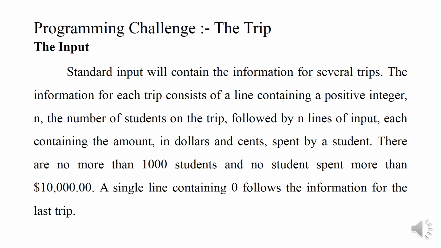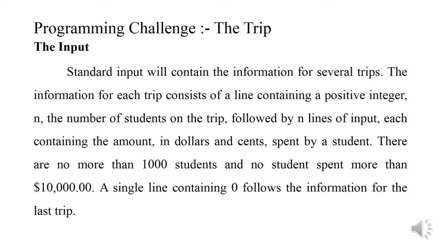If you refer to the PDF of that programming challenge, you have to get the input and output from that PDF, as well as the sample input you are given and the output you have to get from the program.